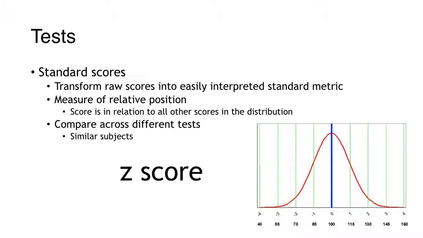You can't compare a child's score of 250 on the math test to a child's score of 250 on the reading test. So we transform or change each score into a standard score or a Z-score. It measures how far away, or the deviations, from the average or the top of that distribution curve.